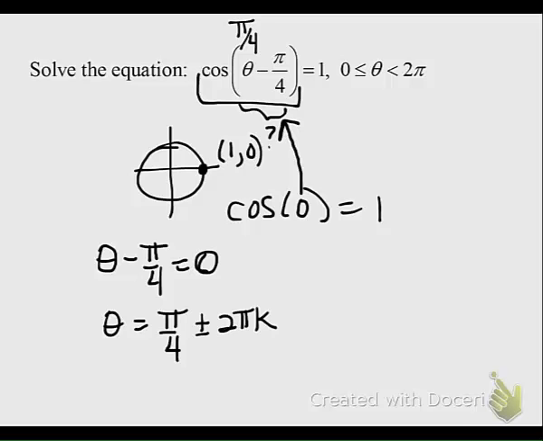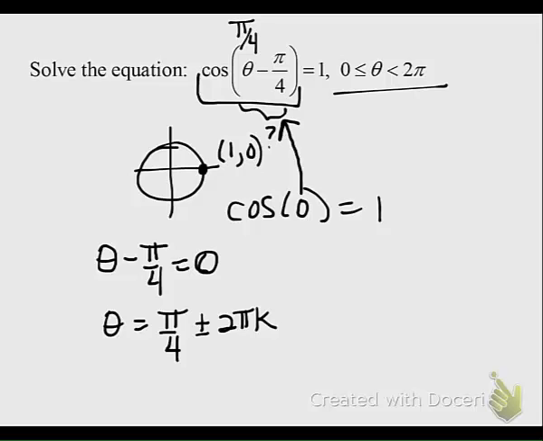Now you need to plug in k values and double check if there's any other that could potentially work. Are you guys seeing any that could if you plug in k's? No matter what k you plug in, there's no others that are going to work and still be restricted between 0 and 2 pi.